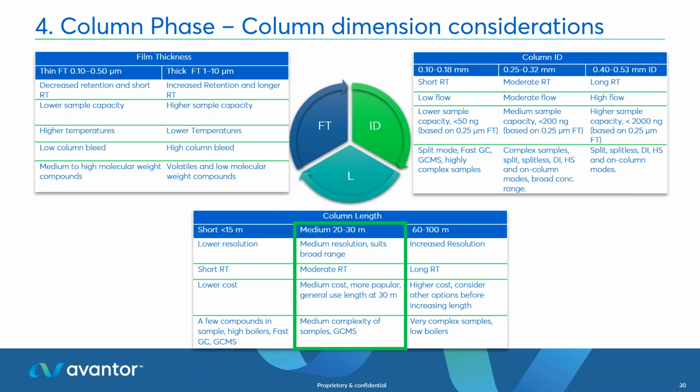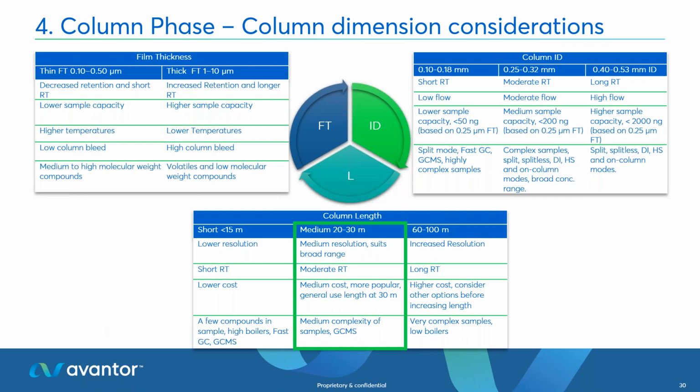And you can use it for medium complexity samples, and you can also use this with GCMS. And then just to go back, if you look at the shorter column, you can see lower resolution when it's on its own and you just shorten the column, but it has a shorter retention time, shorter cost, and it's good for things like screening, high boilers, fast GC, GCMS.